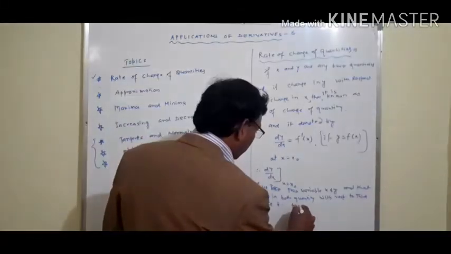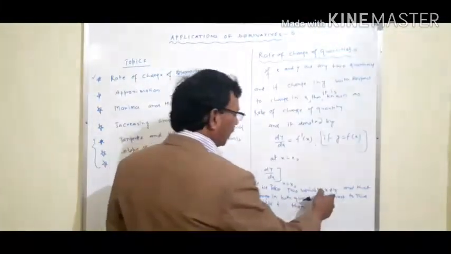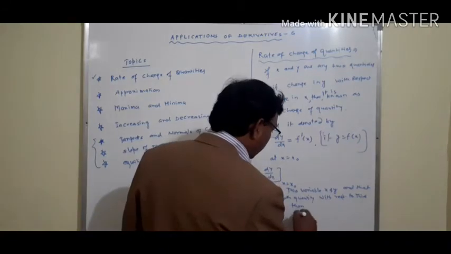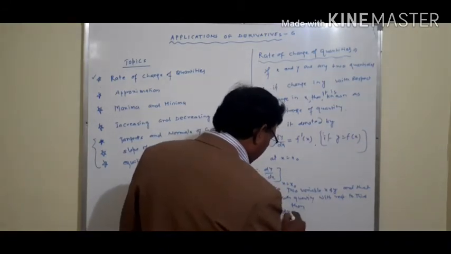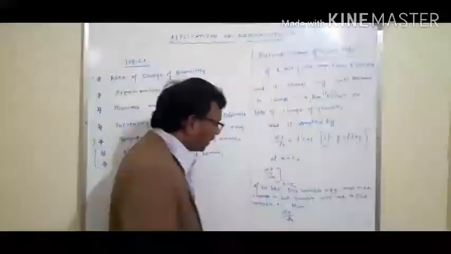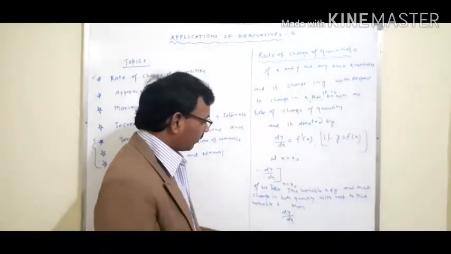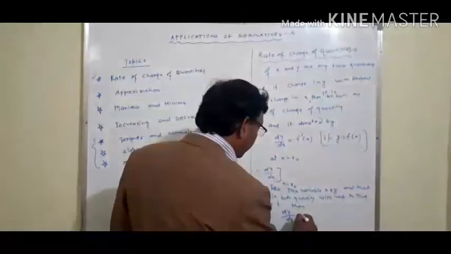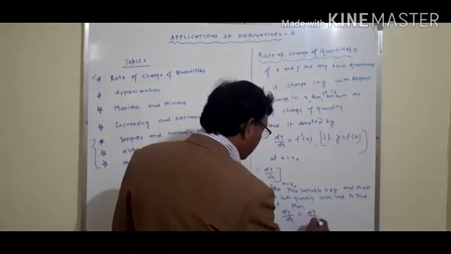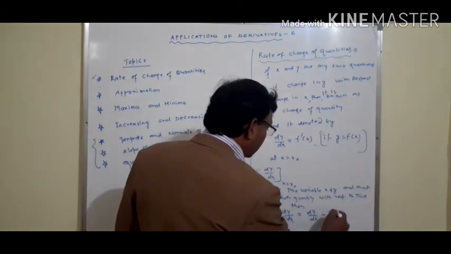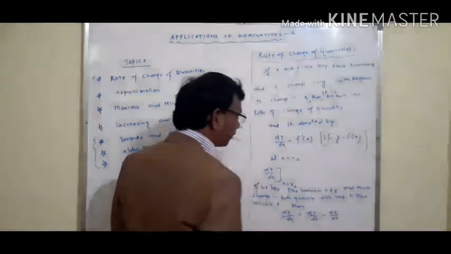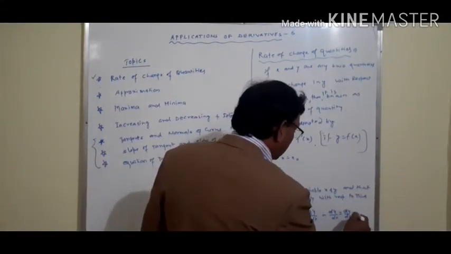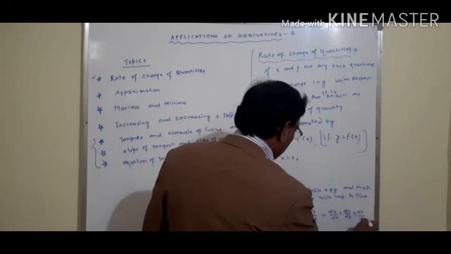Then the change in y with respect to x is denoted by dy upon dx, which equals dy upon dt divided by dx upon dt, or we can write this as dy upon dt into dt upon dx.